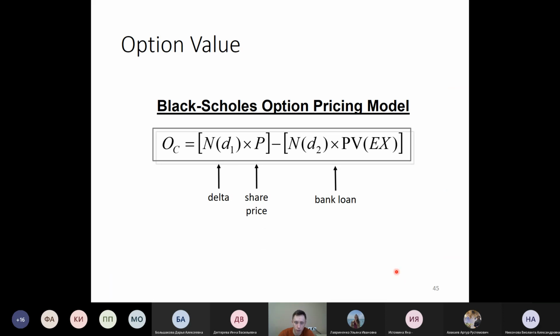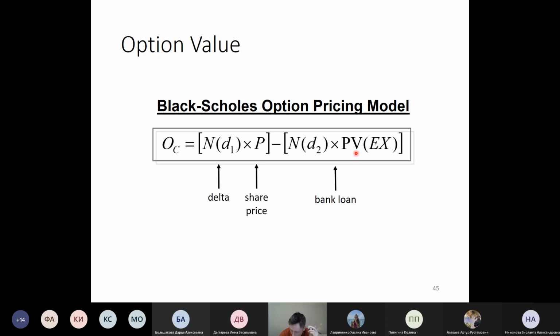Let me introduce it to you. So the principle here is very similar. Just the calculations are slightly different, but Excel or any other tools enable us to do it very easily. So in order to estimate the value of the call option, we would multiply the share price by the delta minus the expected value of the bank loan.